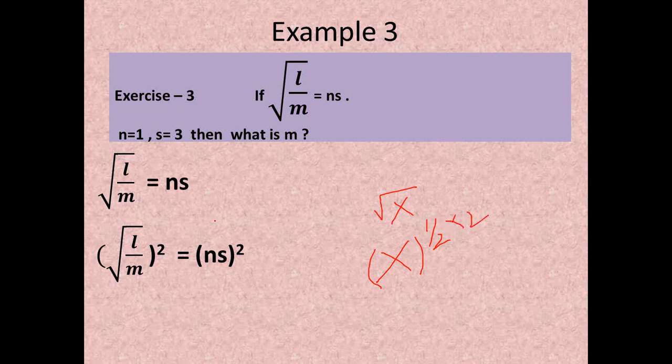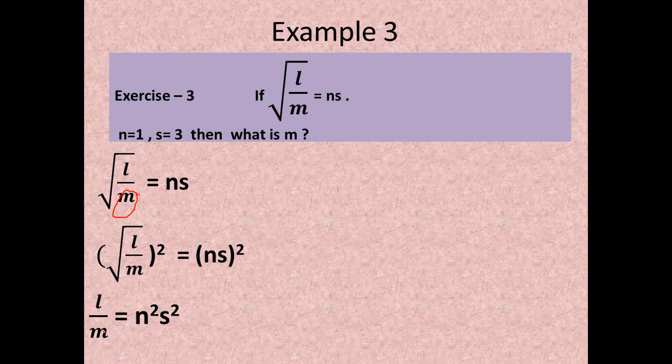Because I'm squaring this side, to complete the balance, I square the right hand side as well. So remember we need m. That's why we need to find the square of this. So we square this and we get L upon M is equal to n square upon n square s square.